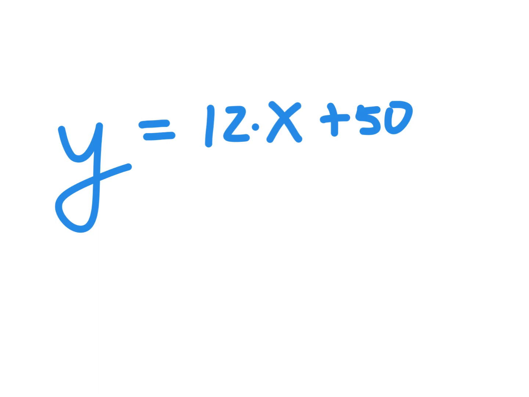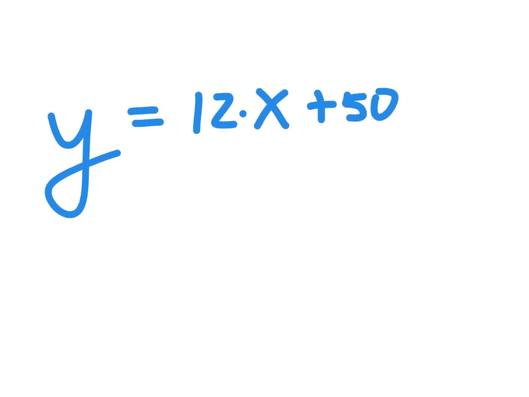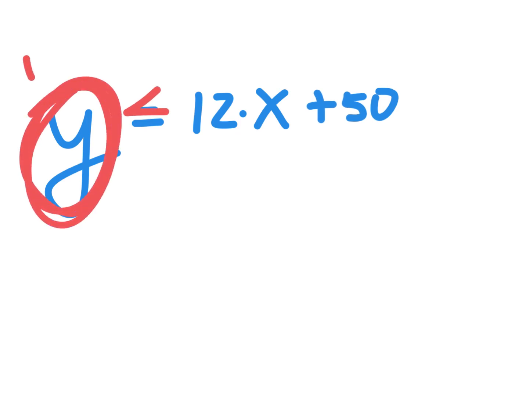Now, how is this different than the ones we did a second ago? Those were like less than or greater than. This one's equal to. So if I wanted to make this into a less than problem, they would use words that make you think that how much you make, this is how much you make, will be less than that.